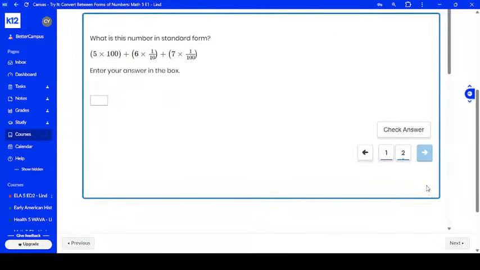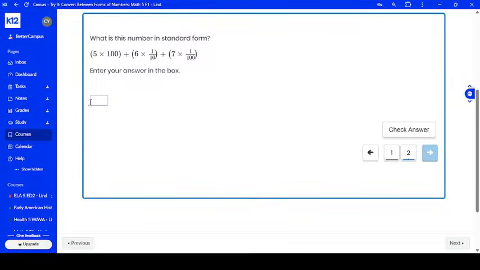What is this number in standard form? You have 10 seconds to answer. 10, 9, 8, 7, 6, 5, 4, 3, 2, 1. The answer is... The answer is... 500.